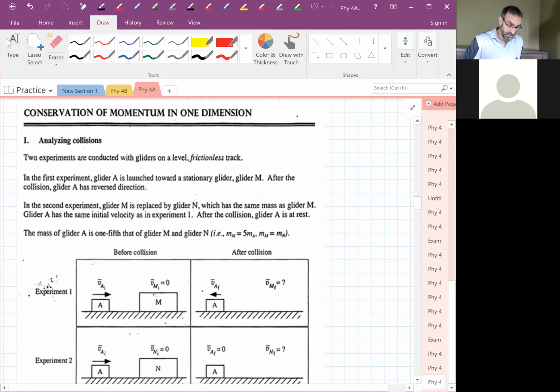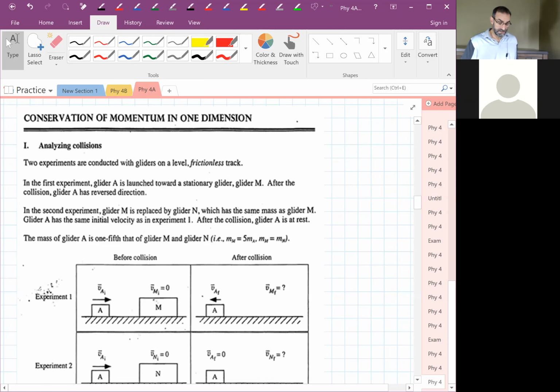Okay, so here we have two gliders on a frictionless track. In the first case, cart A is coming in and there's a heavy cart M at rest, and cart A collides with it and bounces back, and M slides off to the right.